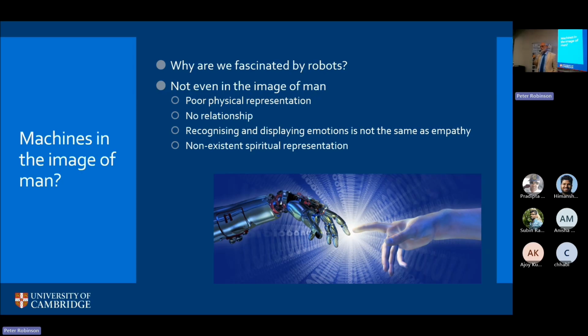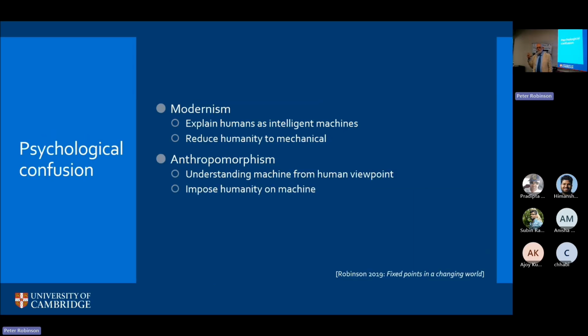So what's going on here is there's a confusion. If you like, the idea of modernism was that we could explain humans as intelligent machines. So in the Industrial Revolution, they sort of thought of people as being glorified steam engines. And now in the computer age, we think of people as being glorified computers.